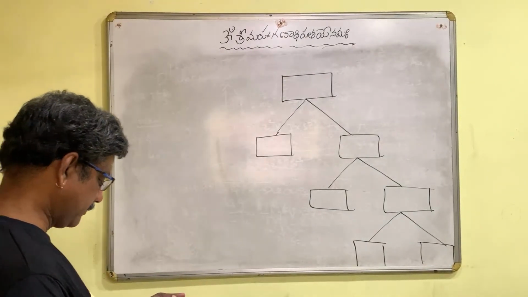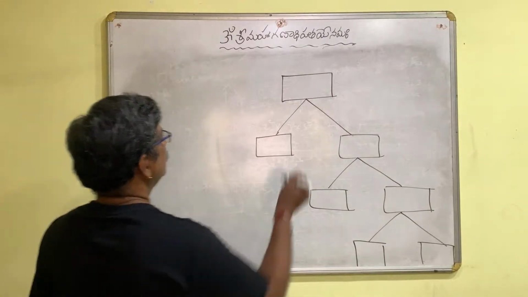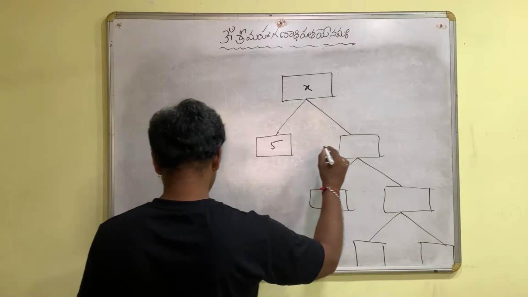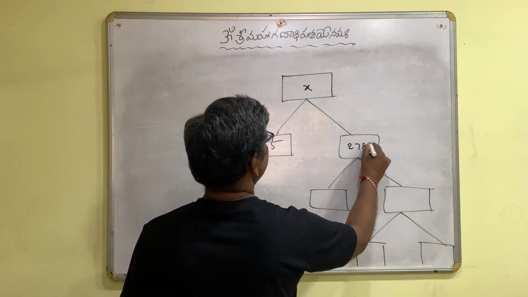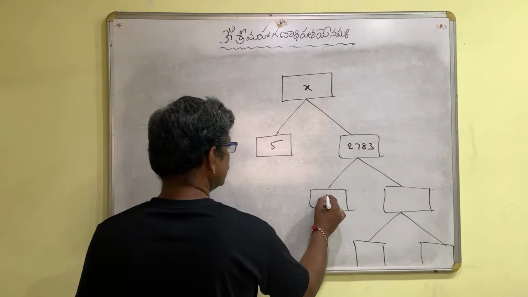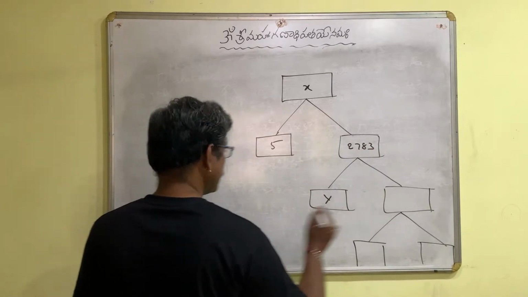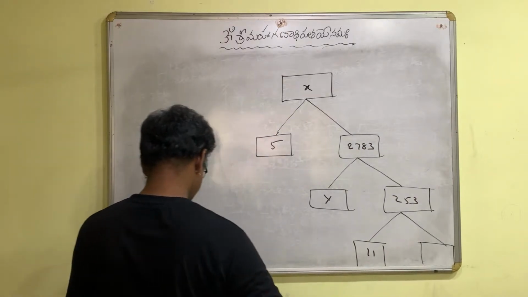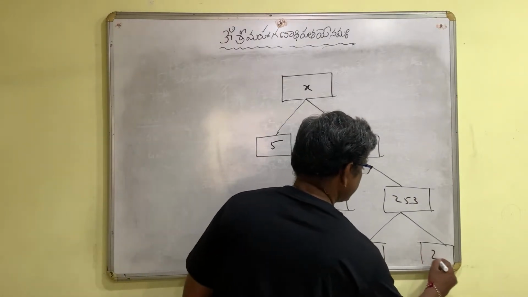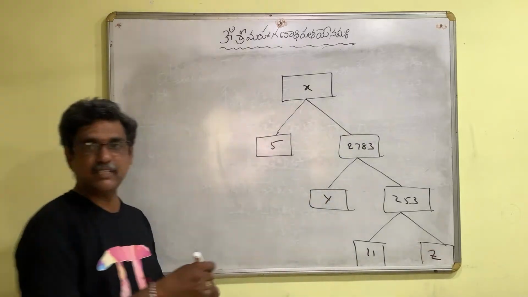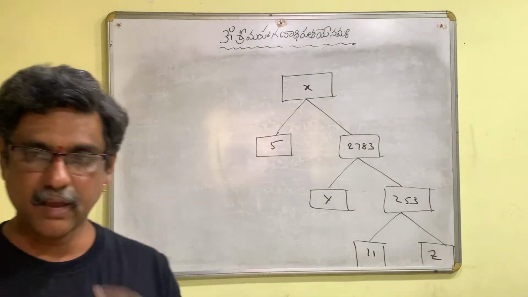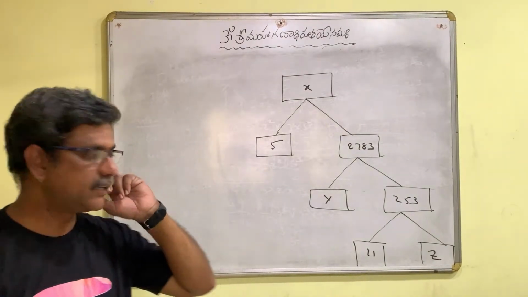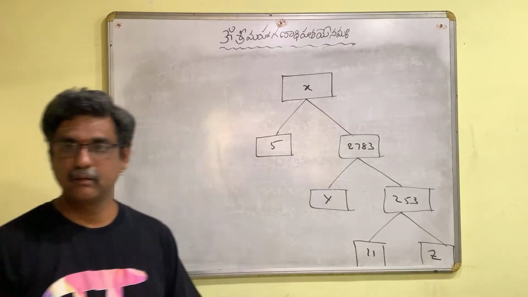First, we need to find the x value, y value. Here is x, 5, 2783. This is y, 253, 11, and z. Children, first find out x, y, z. First find out z.